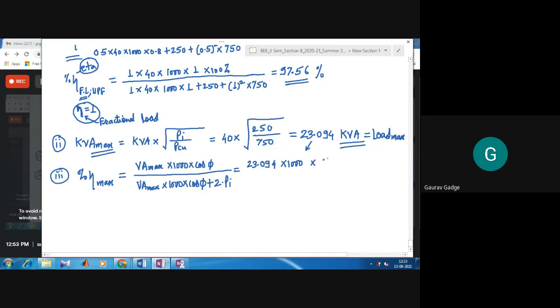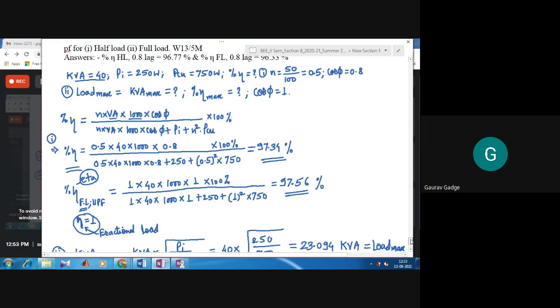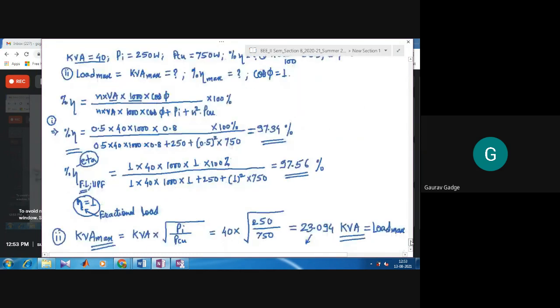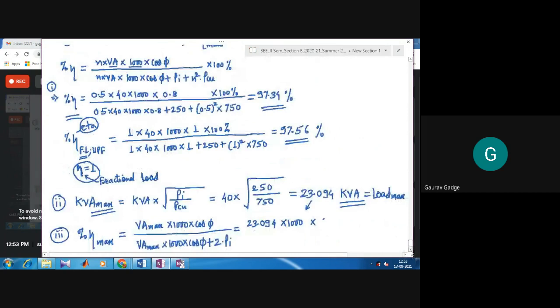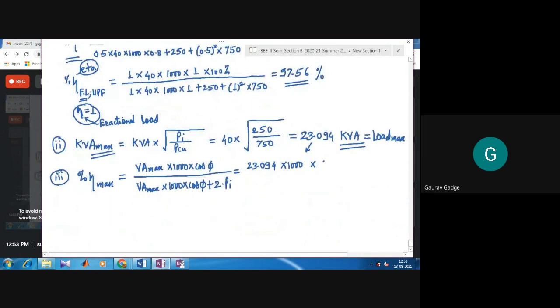Multiplied by power factor. Now what is the value of power factor asked? I just checked, this particular power factor is 1. Unity power factor, they said, it means it is 1. So multiplied by 1, divided by 23.094. Guys, this is very, very simple. Don't get confused.